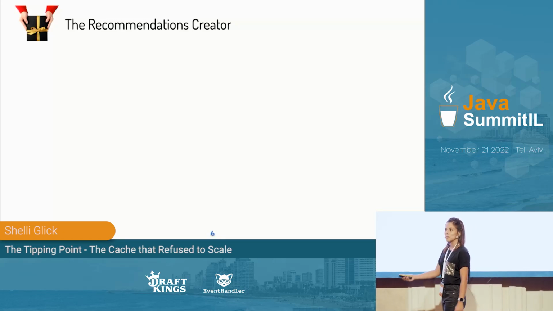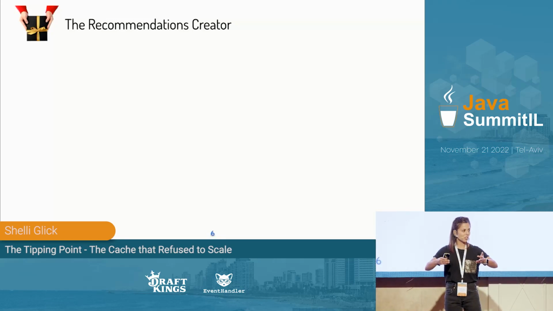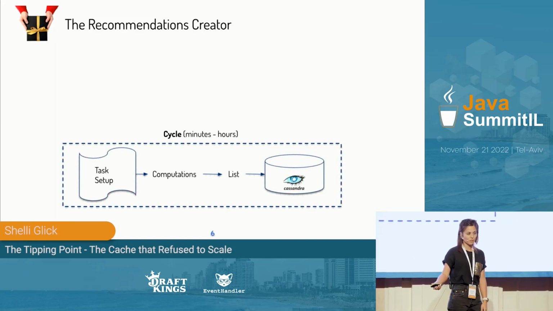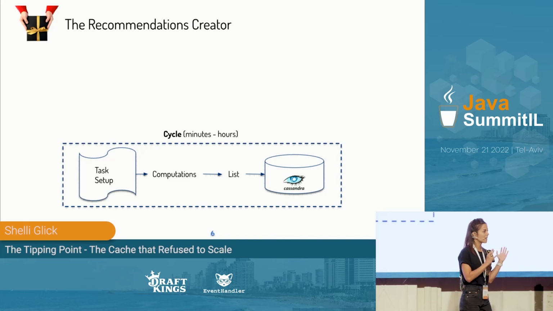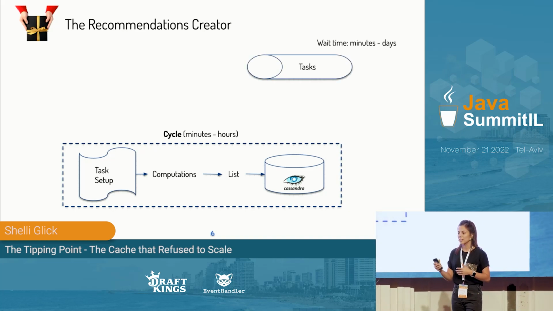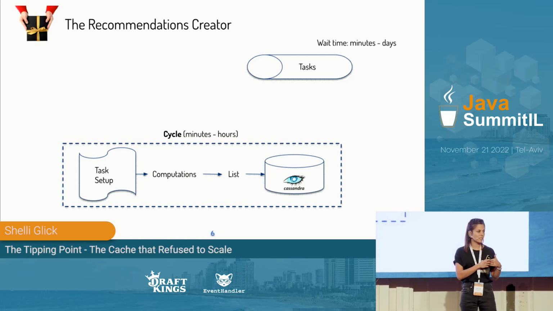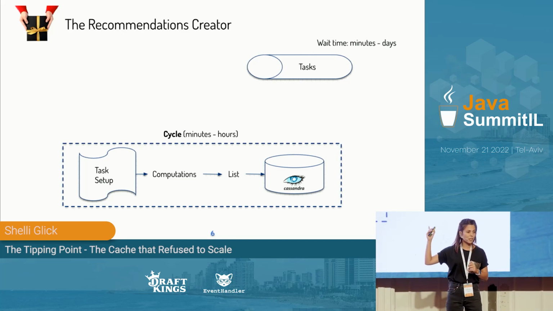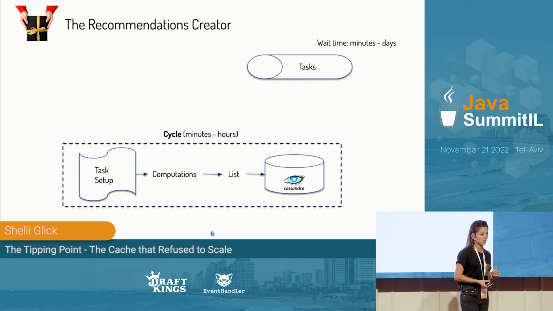So to understand what it means to have Creator run faster, let's talk about how Creator operates and align a few terms. A Creator cycle fetches relevant data, runs a lot of heavy computations to find those best items, and then stores them as a list to the database. A Creator task is what defines the Creator cycle, defines the data and the setup the cycle should handle. Creator tasks all sit in a queue, each with a different priority.